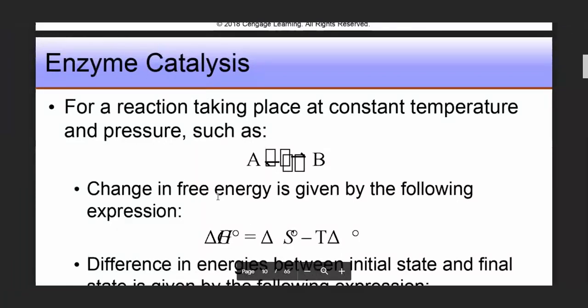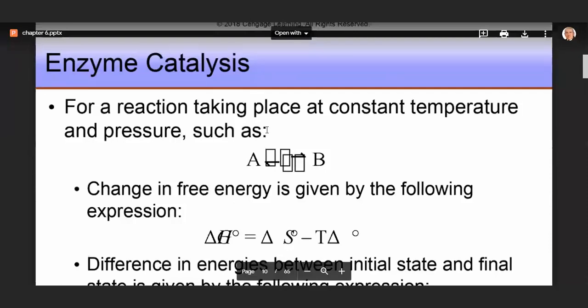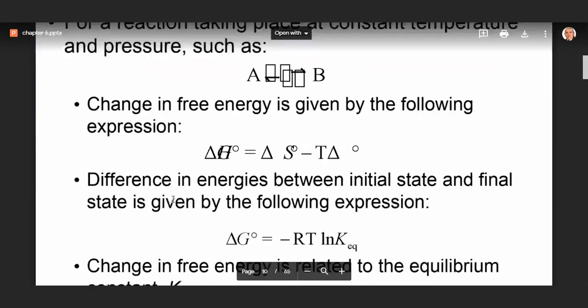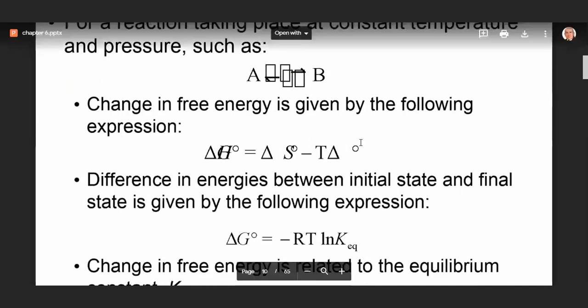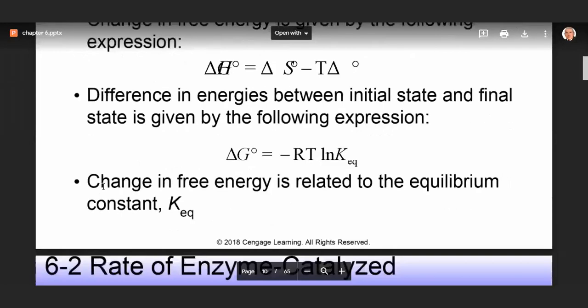Enzyme catalysis, we are still talking about enzyme catalysis for a reaction taking place at constant temperature and pressure, such as A going to B. Change in free energy is given by the following expression: delta G naught equals delta H naught minus T delta S naught. Don't worry about this equation, it is not required.